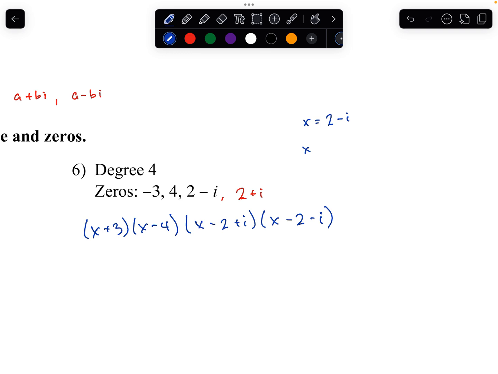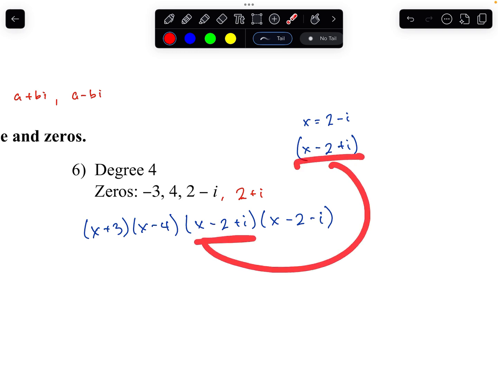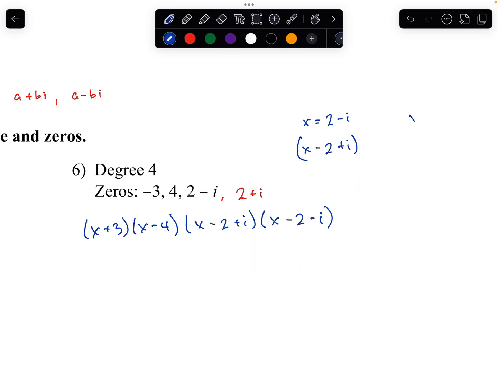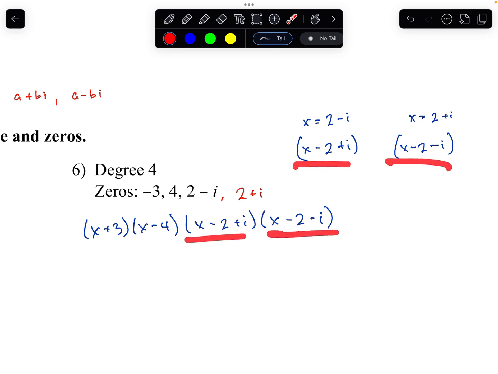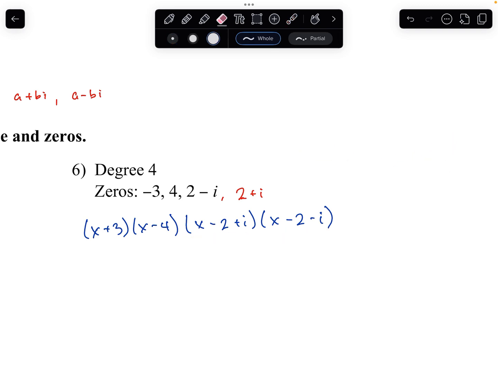So if I do that, I would subtract the 2 and add the i. And this would be my factor, which is what I wrote right here. And then if you have x is equal to 2 plus i, again, you would subtract 2, but this time you would subtract the i. So here are the conjugate factors. That's what we're going to multiply together.